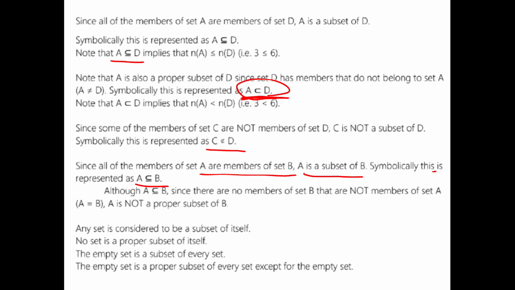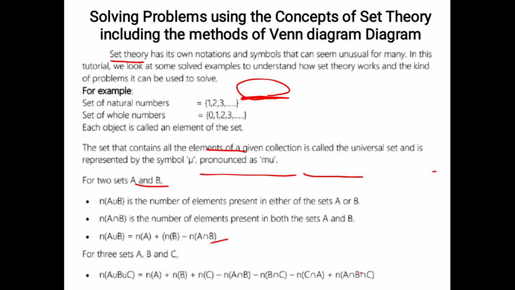So, therefore, A is not a proper subset of B. Any set is considered to be a subset of itself. No set is a proper subset of itself. The empty set is a subset of every set. The empty set is a proper subset of every set except sa mga empty na set.